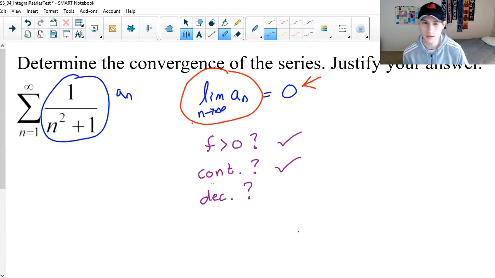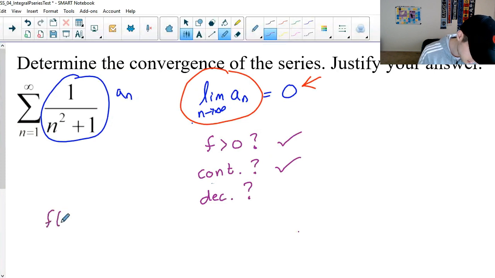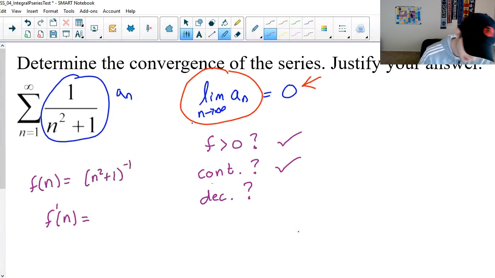Is it decreasing? Again, let's take a derivative here. So let's think about this as n squared plus 1 to the -1st power. So my derivative would be -1 times n squared plus 1 all to the power of -2.